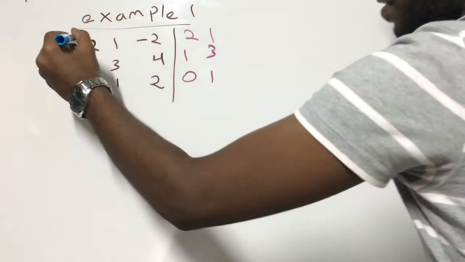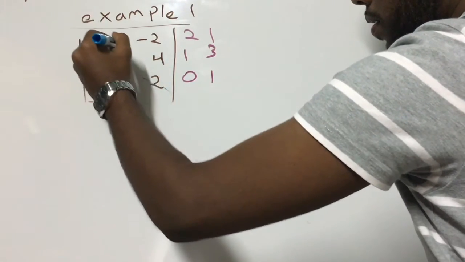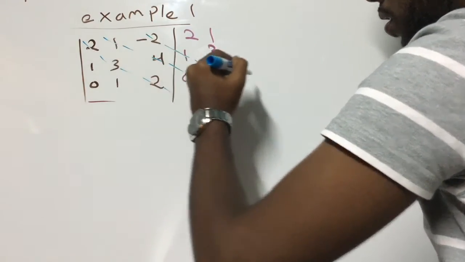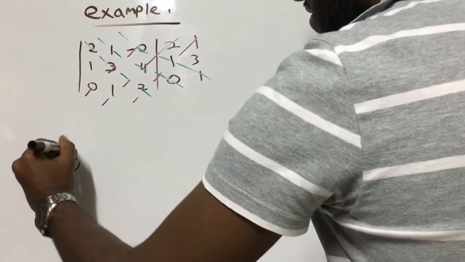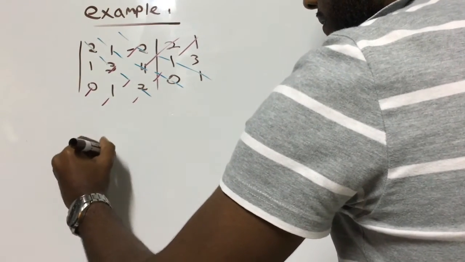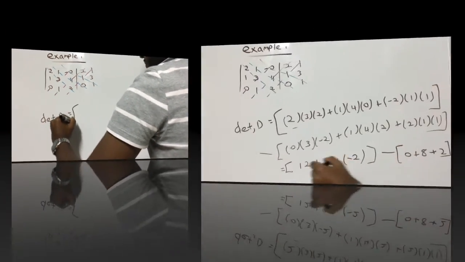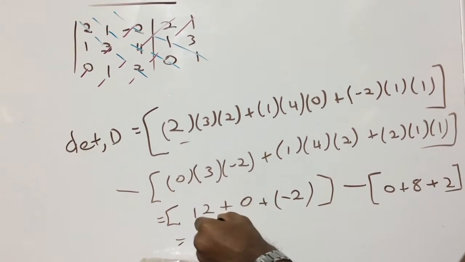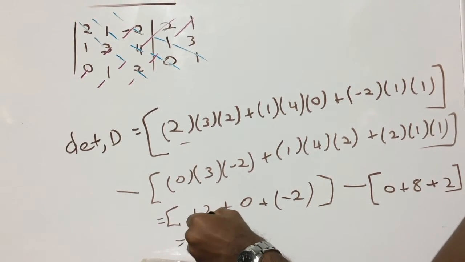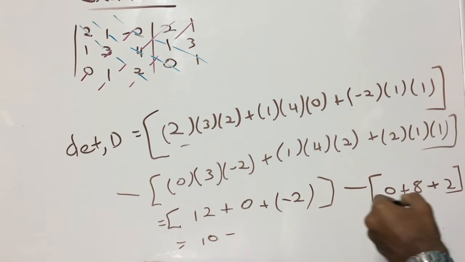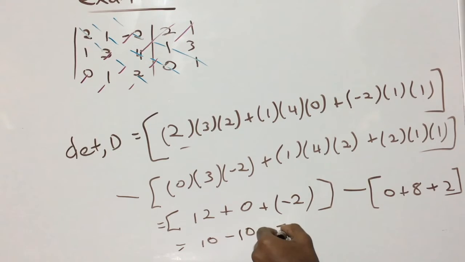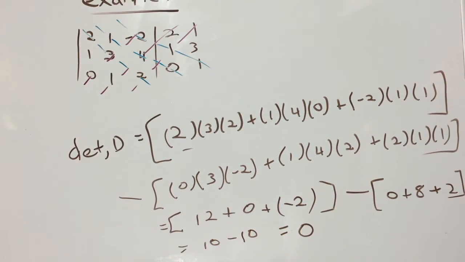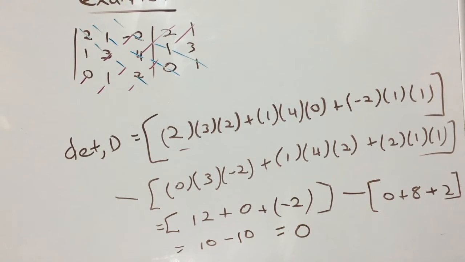So the determinant is, this will be equal to 12 minus 2, which is 10, minus 8 plus 2, which is 10. So the determinant is found to be 0. When the determinant is 0, this means that the matrix is singular and it cannot be solved.